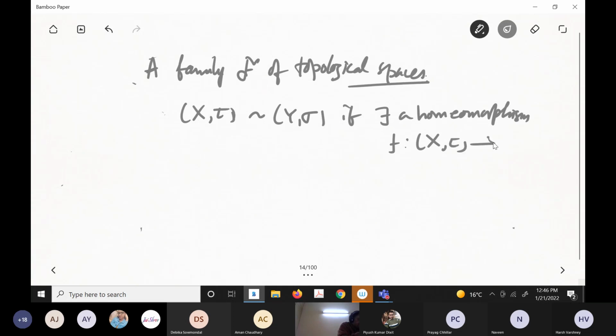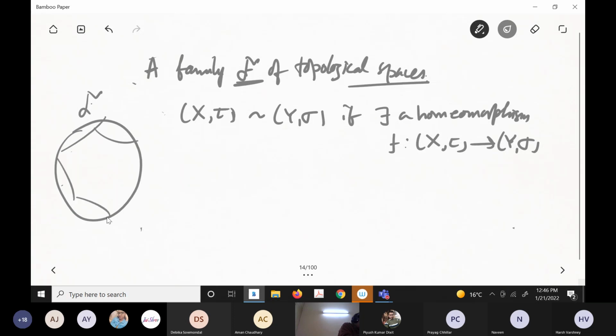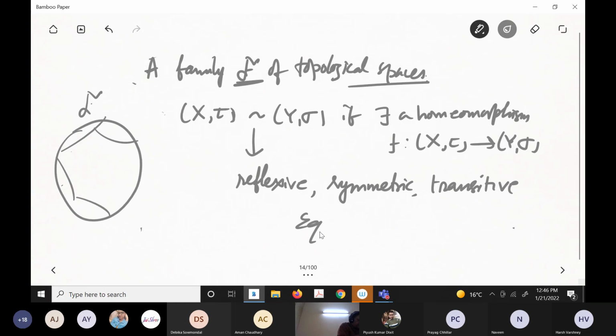This gives a relation on this family, a collection of topological spaces, where it will become a partition. Look, this is what I have exactly said: it is reflexive because of the identity map, symmetric, and transitive. That means you get an equivalence relation. The equivalence relation is nothing but a partition.